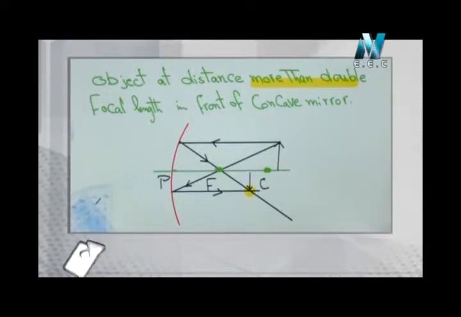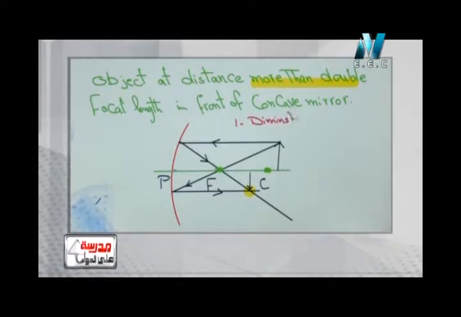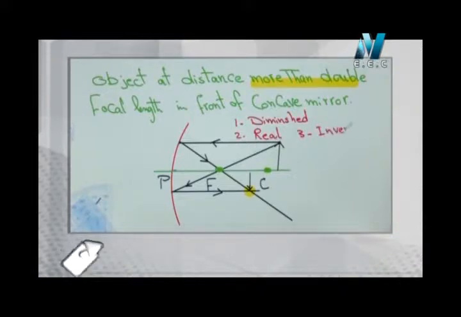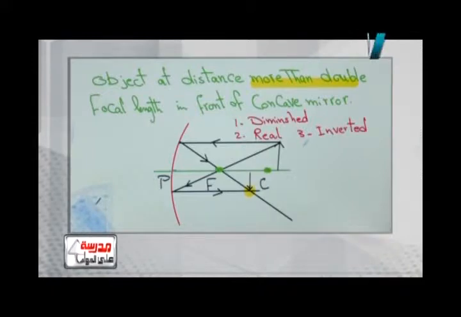So we write the four properties. Number one, the image is diminished. Number two, real. Number three, inverted, meaning upside down; its opposite is erect.